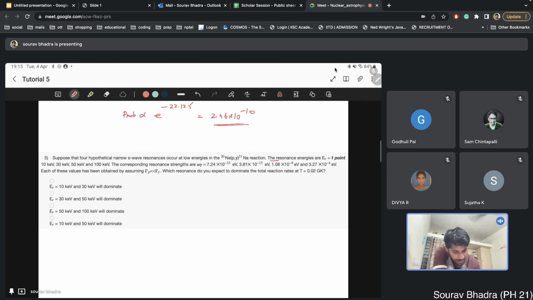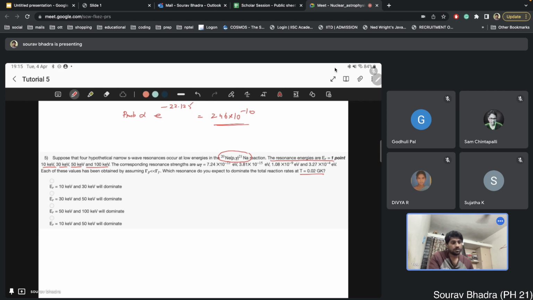The resonance energies are given as 10 keV, 30 keV, 50 keV and 100 keV, and the temperature is given as 0.02 gigakelvin, for the reaction 20Ne plus proton gives 21Na plus a gamma. We have to calculate for which energy the reaction will occur.